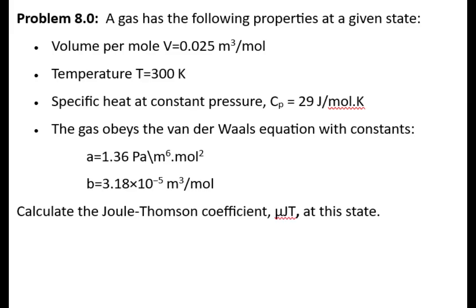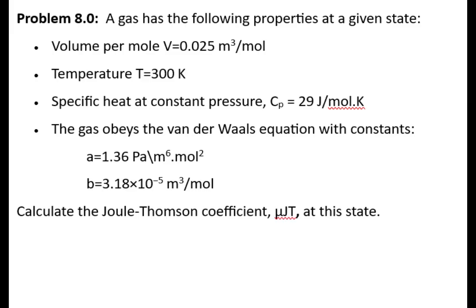The gas obeys the van der Waals equation with constants a equals 1.36 Pa·m⁶/mol² and b equals 3.18 × 10⁻⁵ m³/mol. Calculate the Joule-Thomson coefficient, μJT, at this state.